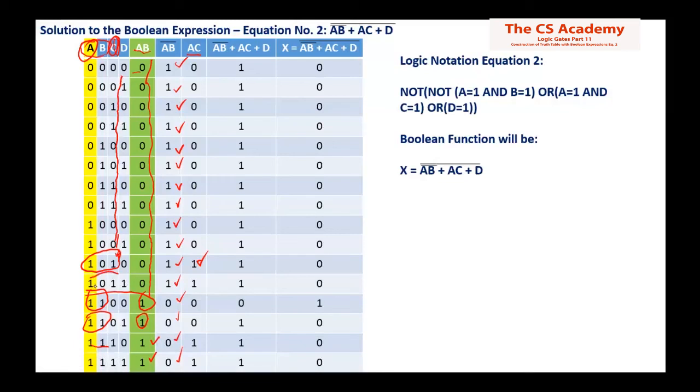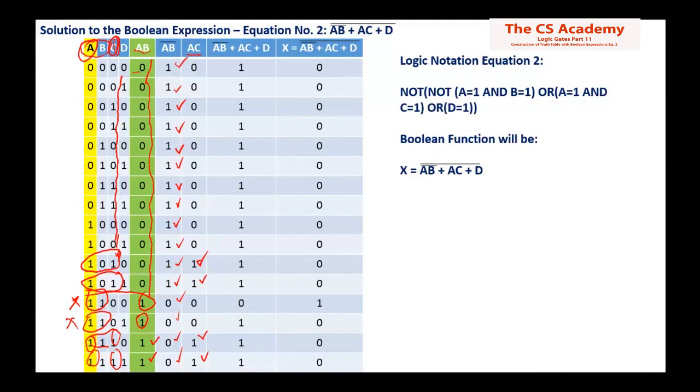Again this value is 1 for both the cases. This does not apply here, but this is 1 and the last value is also 1, right? So all values where 1 was present, you have converted them into 1 by multiplying both the inputs.